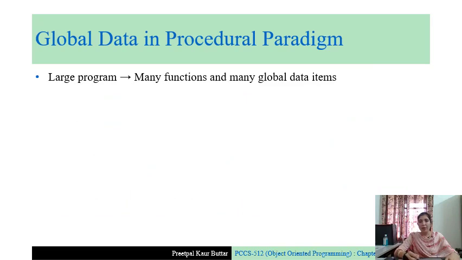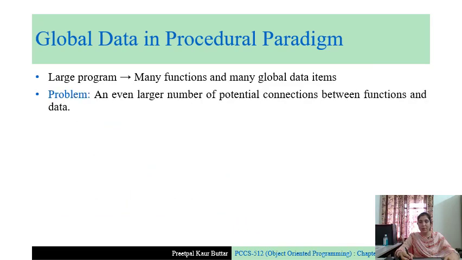In a large program, we have many functions and many global data items. So the problem in this scenario is an even larger number of potential connections between functions and data. We have a large number of global data items and a large number of functions. So what is the possible number of connections between this data and these functions?